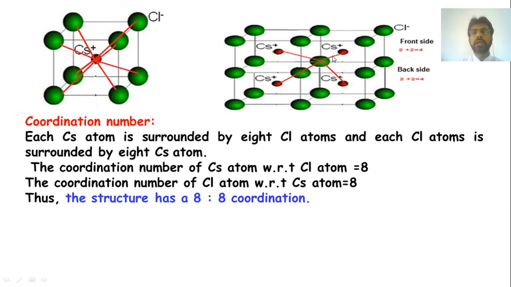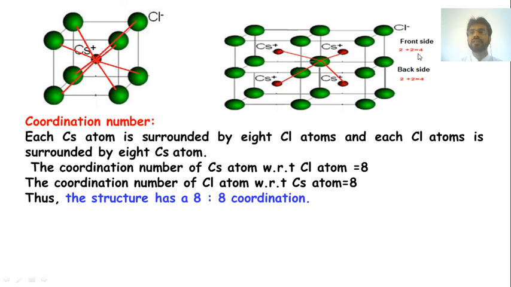Similarly, if we connect 8 unit cells, then we can see this chlorine atom gets surrounded by the 8 body centered atoms from the 8 unit cells.